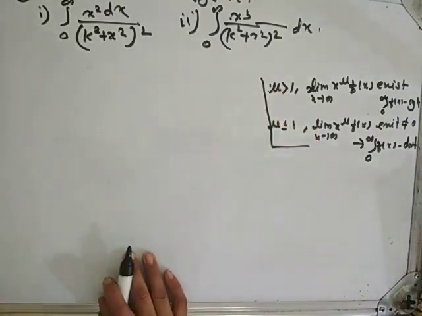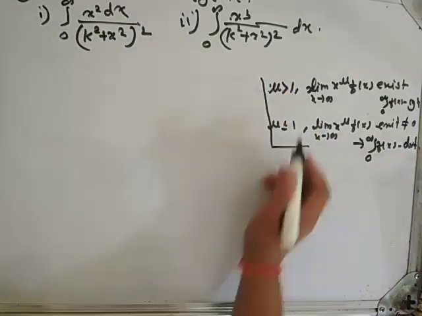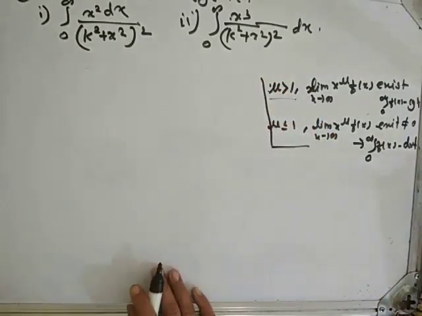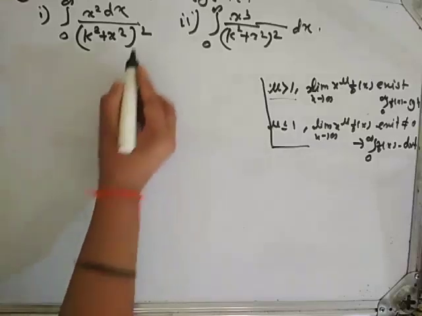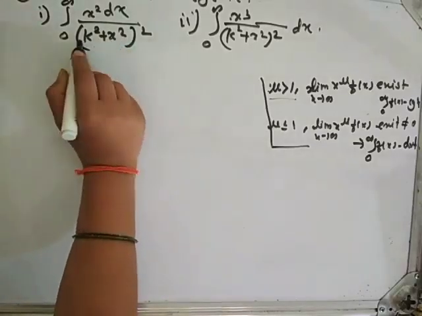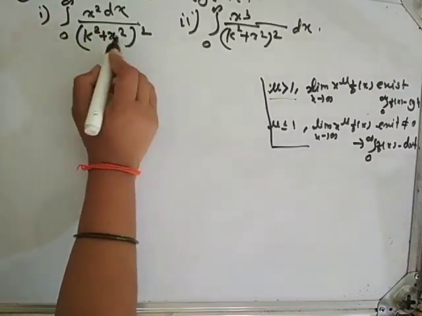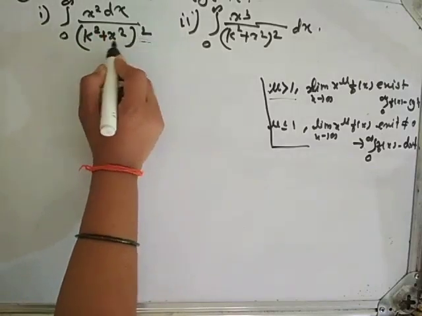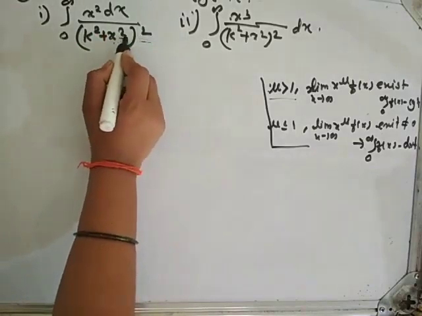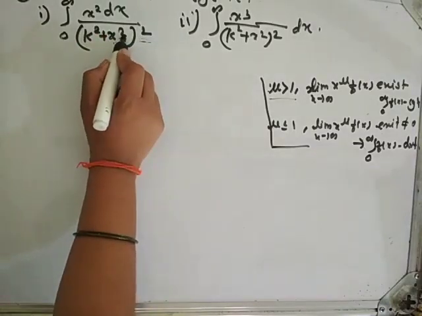When we have to apply the mu test, first our aim is to find out mu or to choose mu. See here students, the bracket is squared. So here power of x is x square.